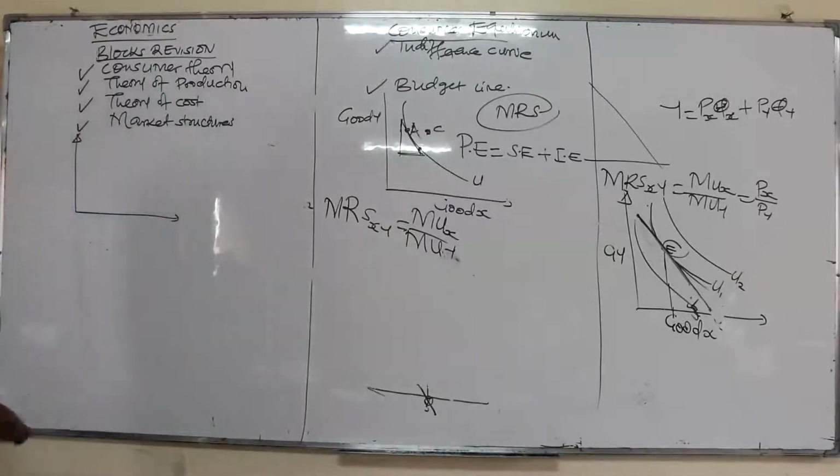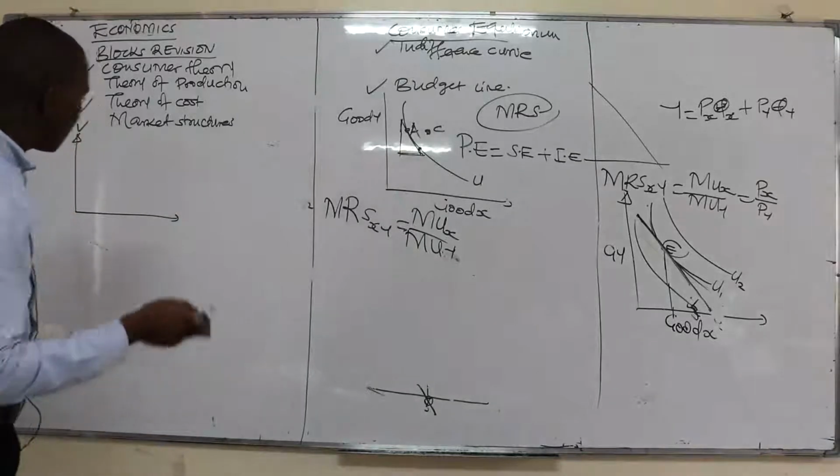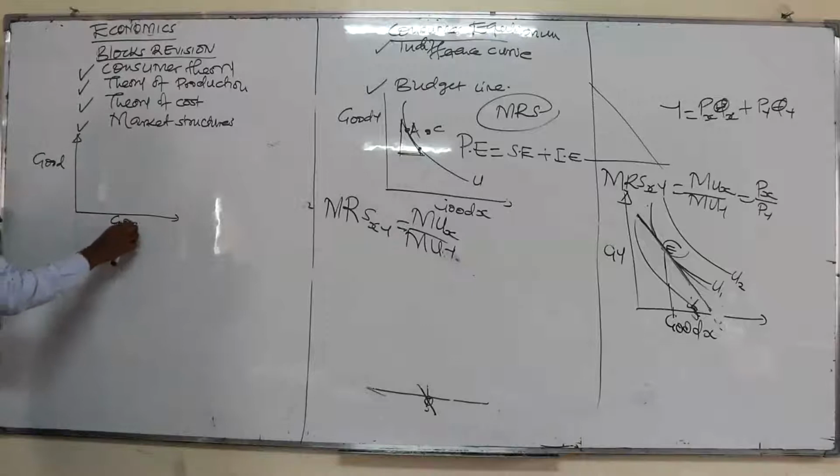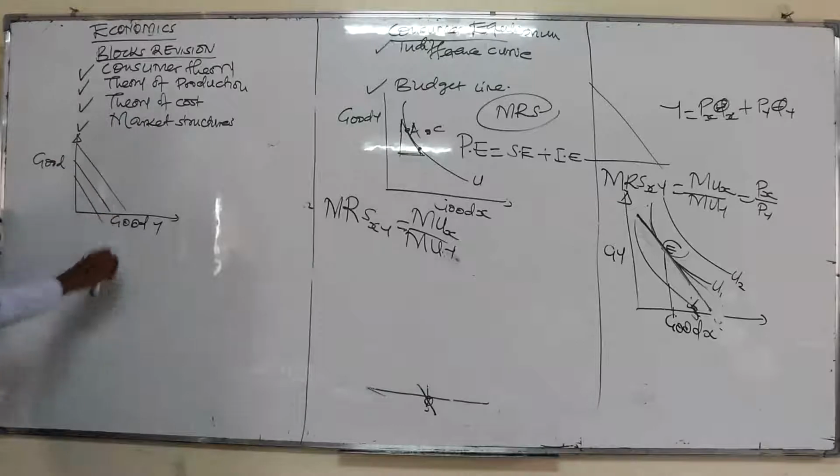I will have now good X here, and then good Y. These are the budget lines. That is the budget line.